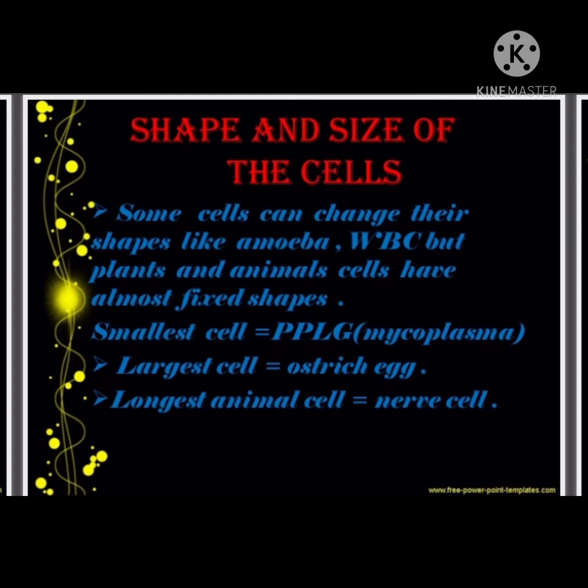But the cells in our nervous system, that is the brain, are mainly for controlling the body activities. The cells in our blood are for transporting materials. So all the cells are doing different functions. That's why their shape and size may differ based on the function they perform.